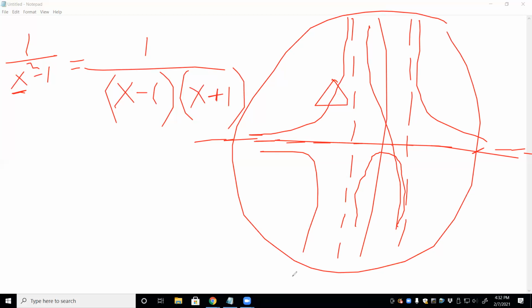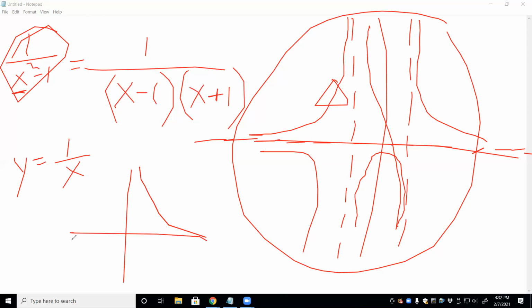But you always start with your vertical and horizontal asymptotes and set up a grid. And then what you're looking at is a hyperbolic function. So it's always going to take the same form. This is your basic hyperbolic function, 1 over x. If I graph that, it looks like that.